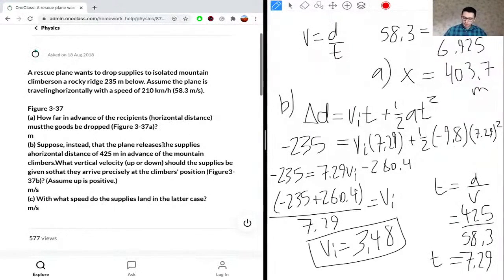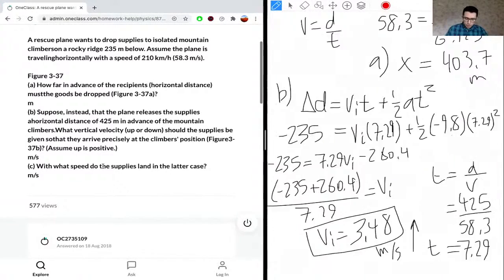This is positive, which means it will be in the upward direction. So the answer is 3.48 meters per second in the upward direction. That's what we expected when we were trying to conceptually think about what we had to do if we were 425 meters away.